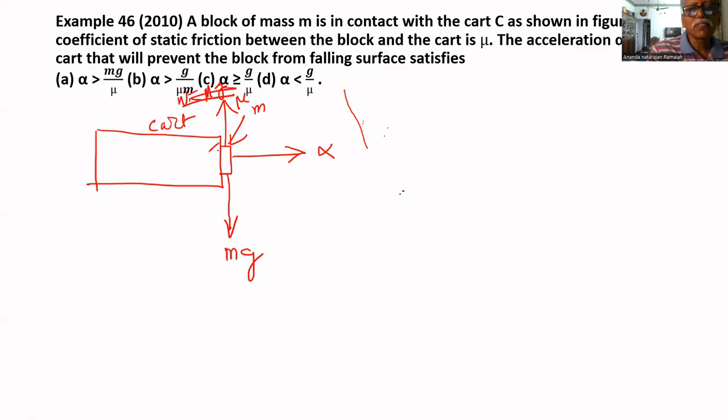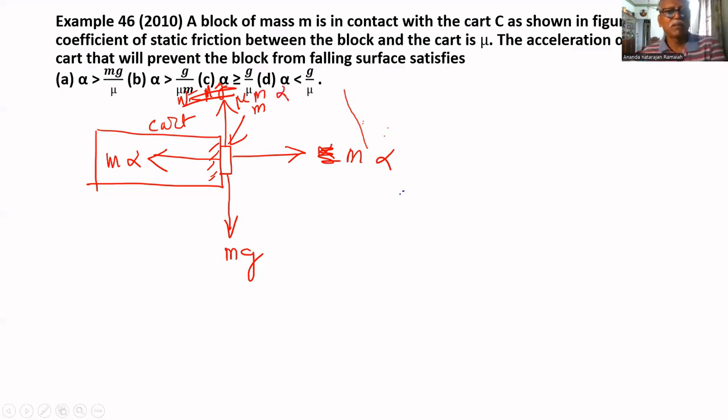Here this is the surface. Therefore, the normal force is mass into acceleration, m alpha. Therefore, the frictional force should act opposite to the downward force. That must be mu m alpha.